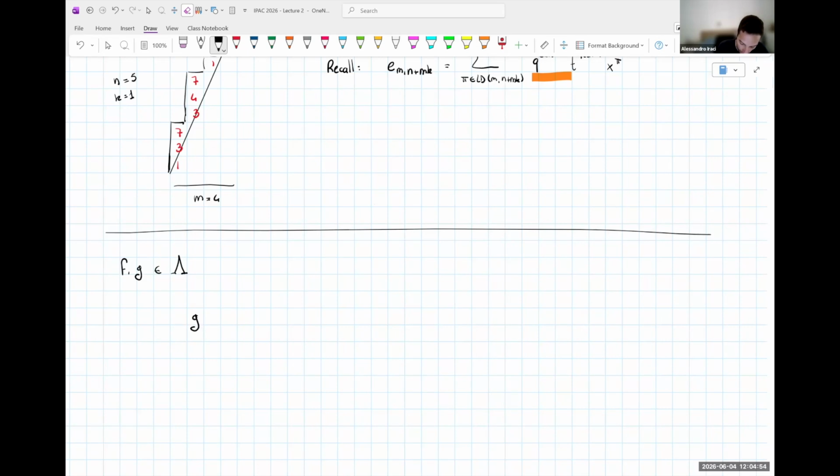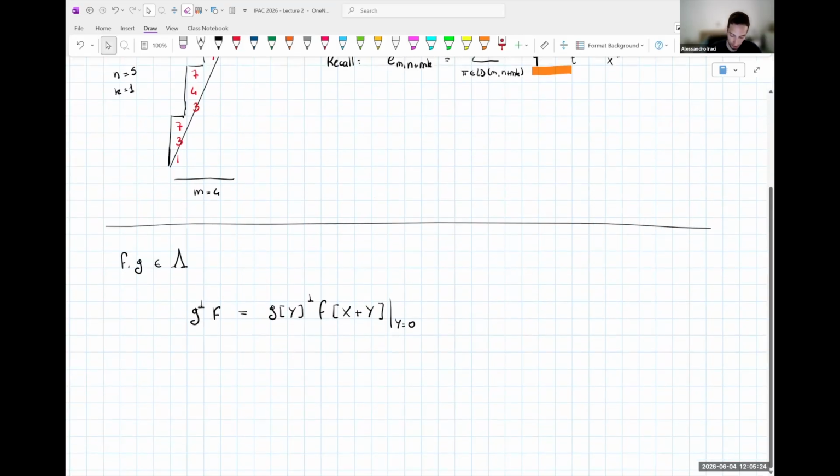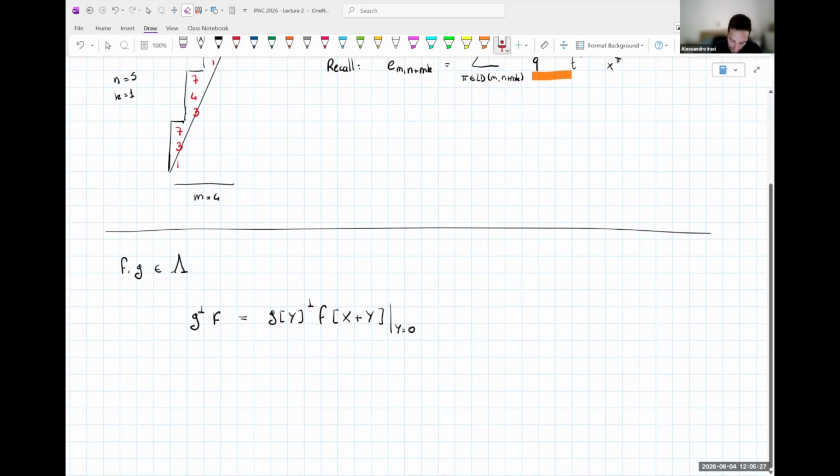I can think of g perp f as g perp in some y set of variables applied to f, plethystically evaluated in some x plus y alphabet, and then set y equal to 0. What does this mean? This identity is pretty much obvious once you understand what these objects are, what the scalar products are doing here.